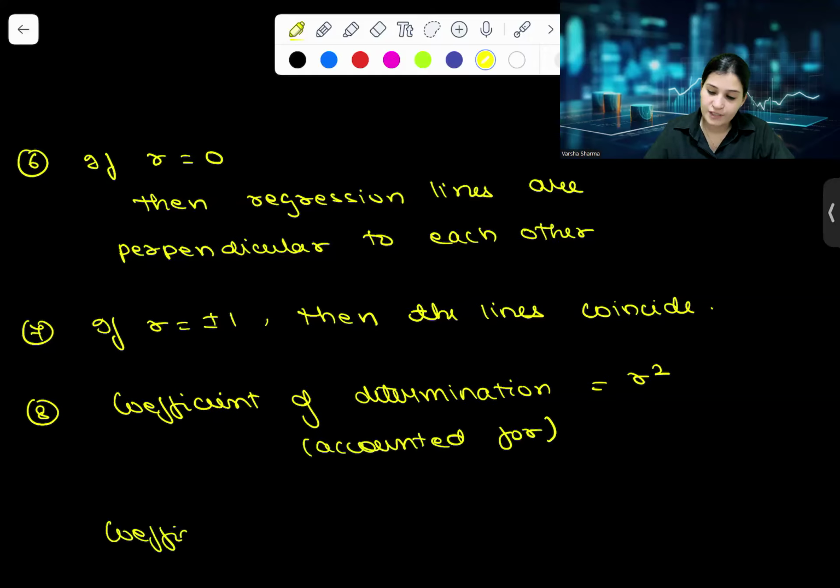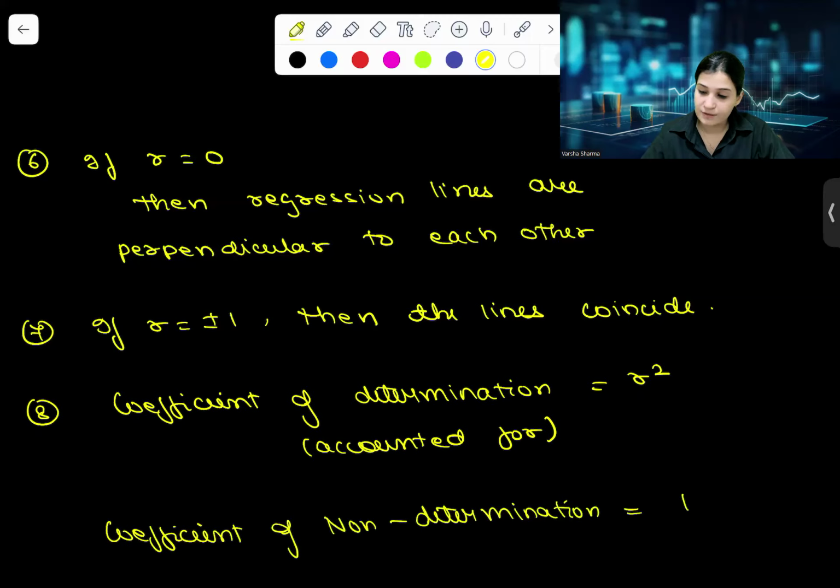Coefficient of non-determination. This will be 1 minus R square.